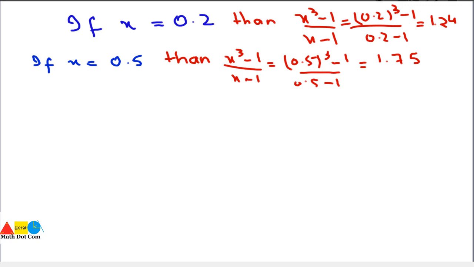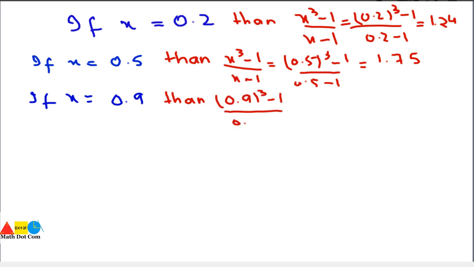It is also acceptable. So if x equals 0.9, then the function will be 0.9 whole cube minus 1 divided by 0.9 minus 1, and it will be equal to 2.71.